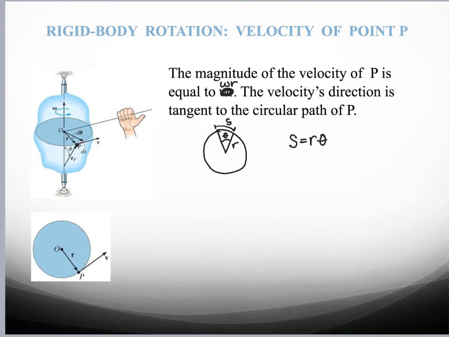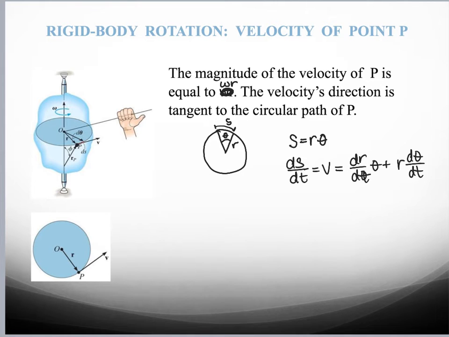Now, if I wanted to look at the velocity at the edge, that's really ds dt, which is v, and that would be dr dt times theta plus r d theta dt. That's using the product rule for our differentiation.